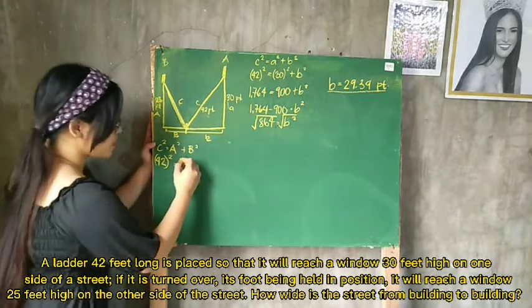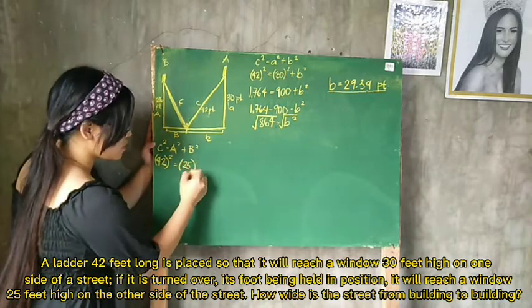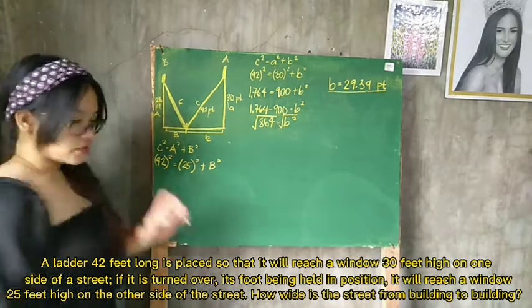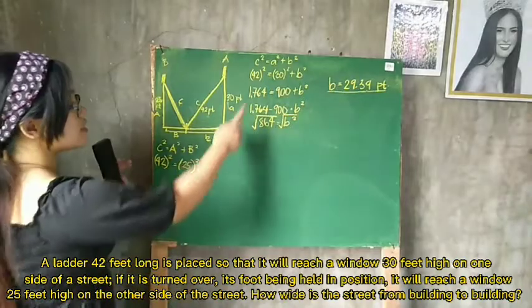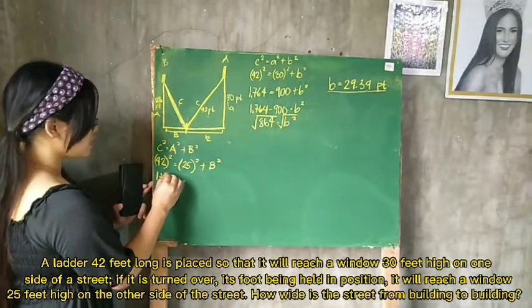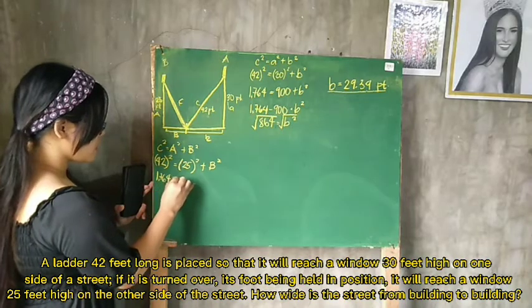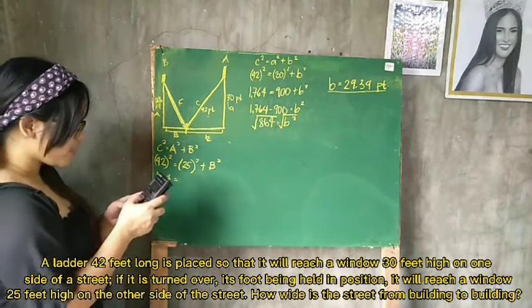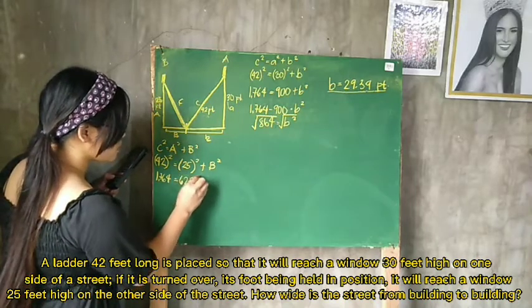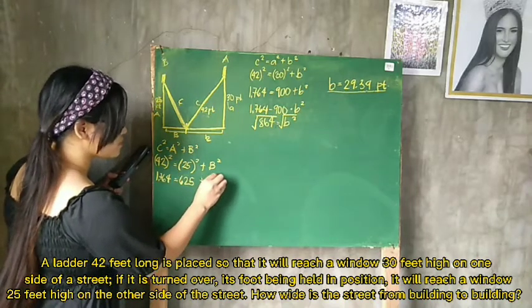So a squared is 25 squared plus b squared. The 42 squared is the same, we have 1,764 is equal to 25 squared, which is 625, plus b squared.